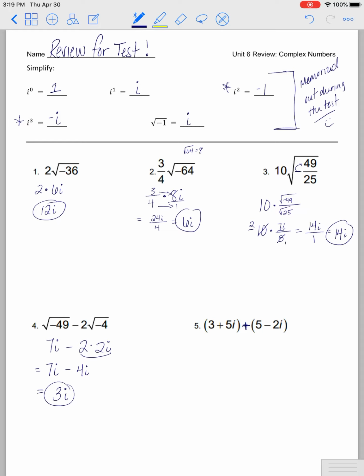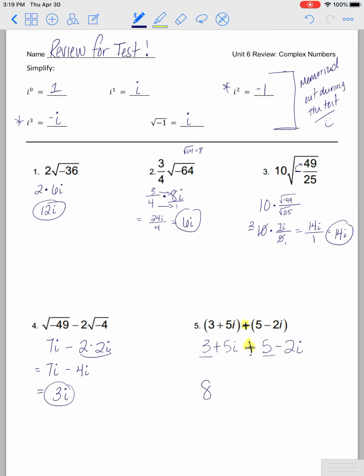So this one, be careful, there's a plus sign here, so I'm not multiplying, you're not going to do your distributive property. So really, I'm just going to combine my like terms. So I have 3 plus 5i plus 5 minus 2i. So it might look like a multiplication, but because of that plus sign, I'm just adding.